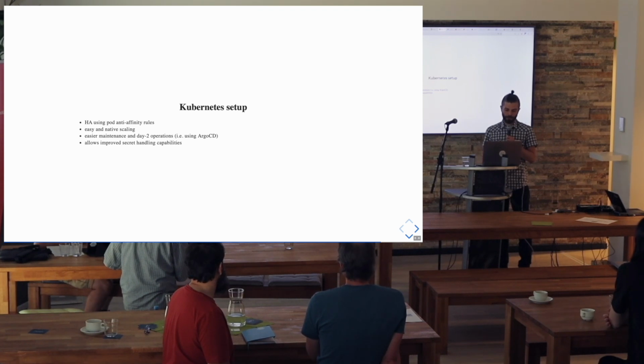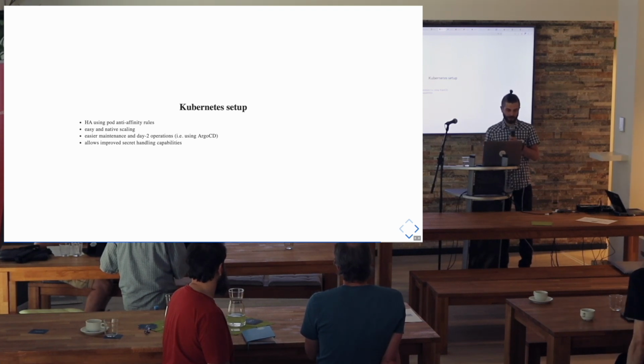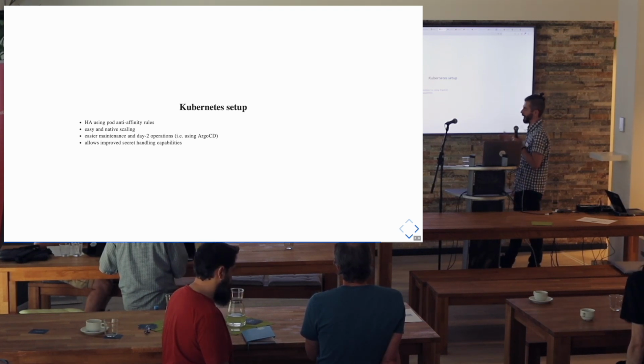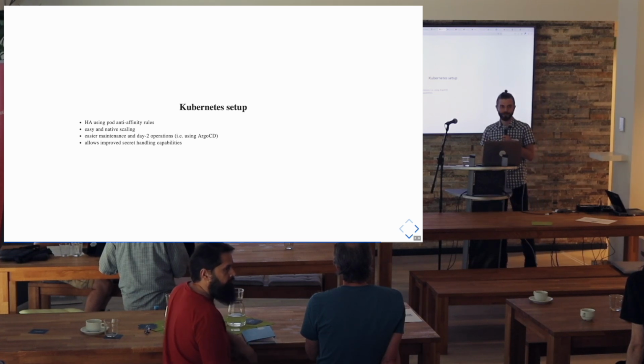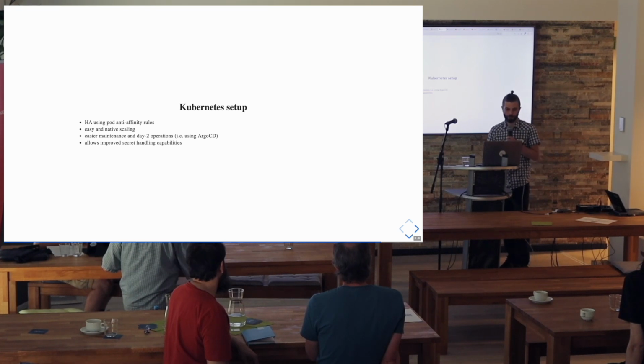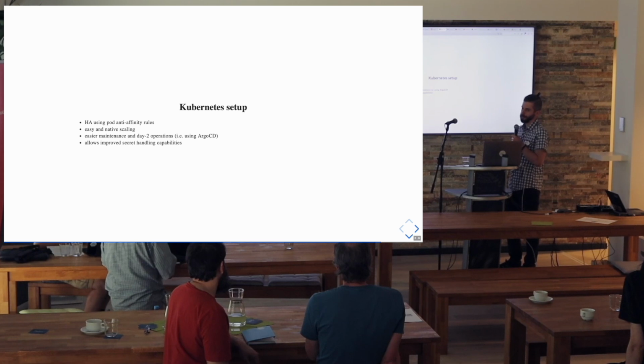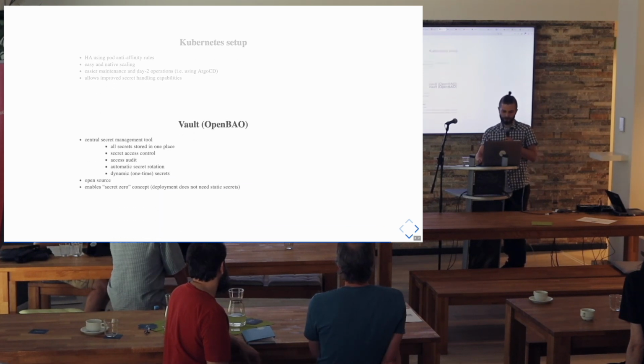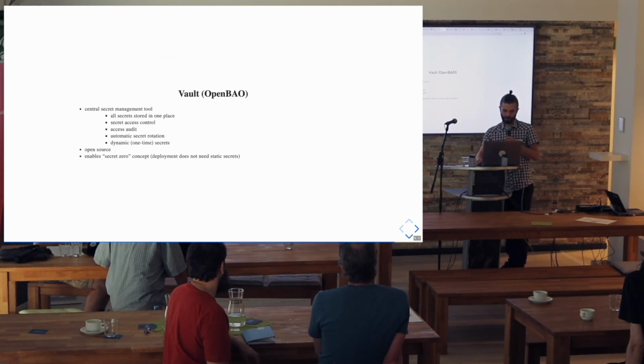We have much easier day 2 operations of Zuul itself, like using any other existing CD system that deploys our tools into Kubernetes, and in that particular case, it's Argo CD, can be whatever you want. And generally, one of the most important reasons why we are going this way is that it allows much improved secret handling capabilities. I'll show you right now about that.